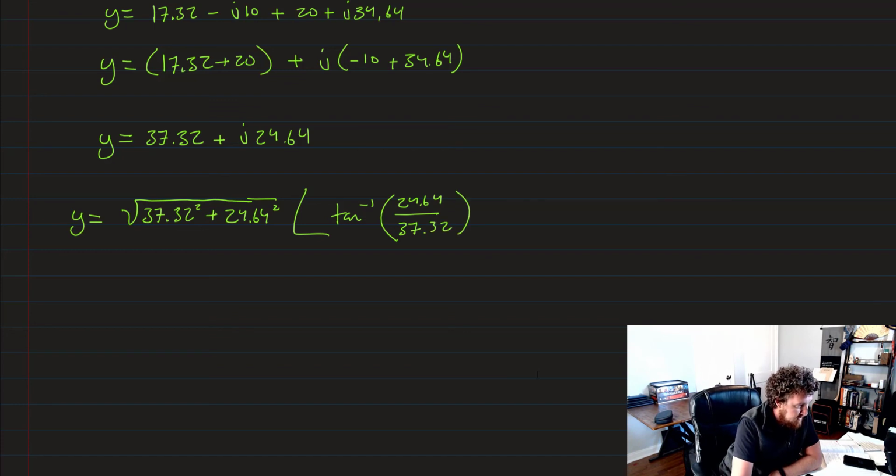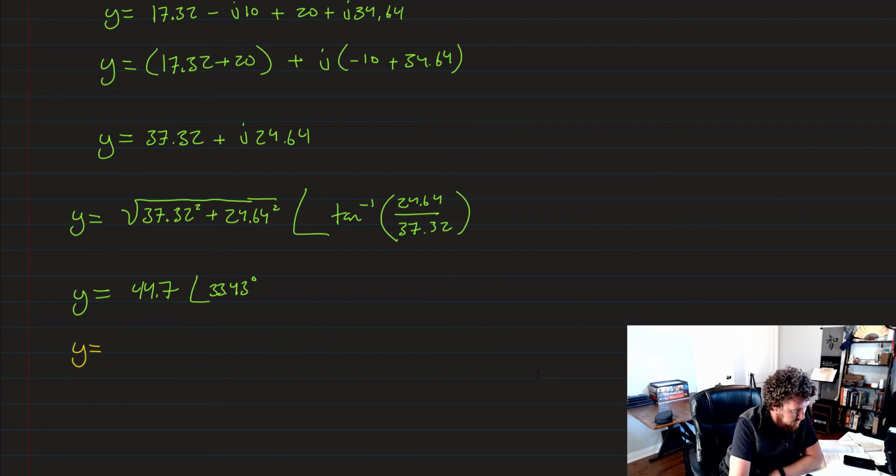And that gets us our y in polar form at 44.7 at an angle of 33.43 degrees. And now we can just put that back in our time domain form.